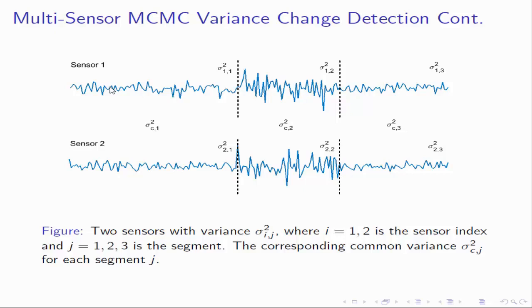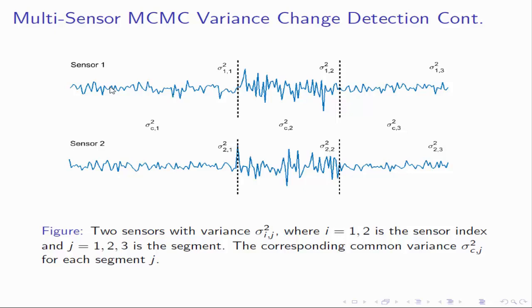Now, by using the common variance assumption, we assume that the variance across the sensors for the same segment is the same. And the effect of that is to basically concatenate the data. For example, if we take the first sensor, first segment, we concatenate the second sensor, first segment, on the end of the first sensor's first segment.